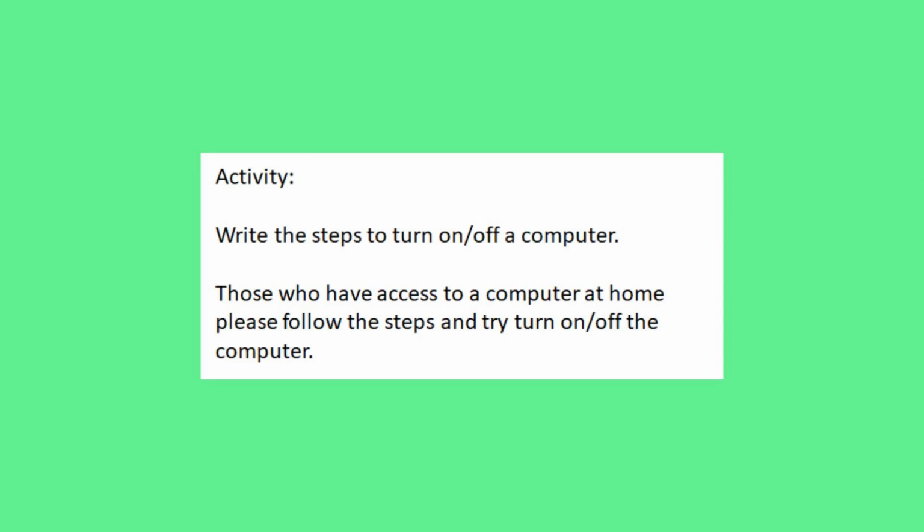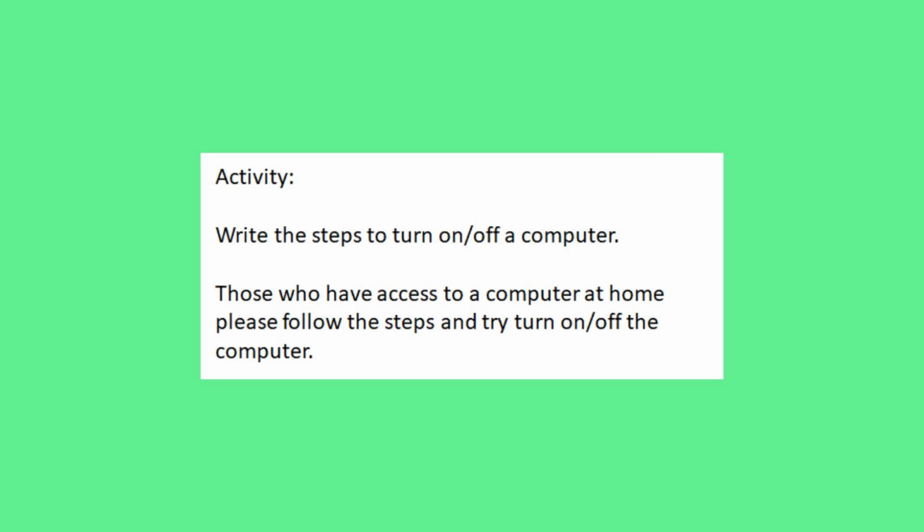Let us go to some activity. Write the steps to turn on and turn off a computer in your computer CW. Your computer CW is 120 pages, 4-line book. You take that book and write on first page your name and subject.